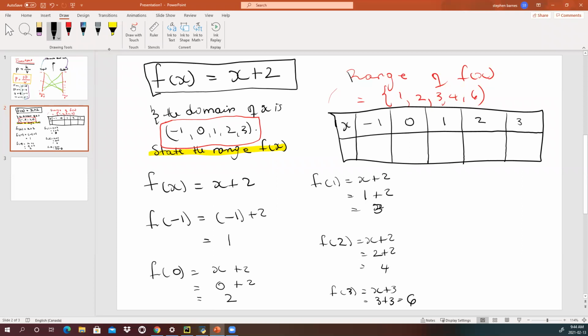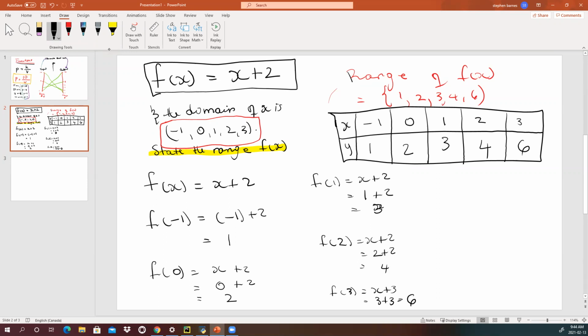And your output, which would be your range values: when we did -1, we got 1. When we did 0, we got 2. When we did 1, we got 3. When we did 2, we got 4. And when we did 3, we got 5. So you could also represent it in a table as well.